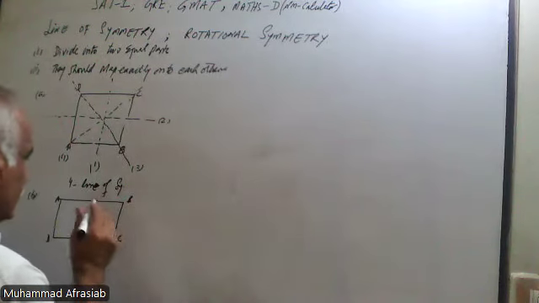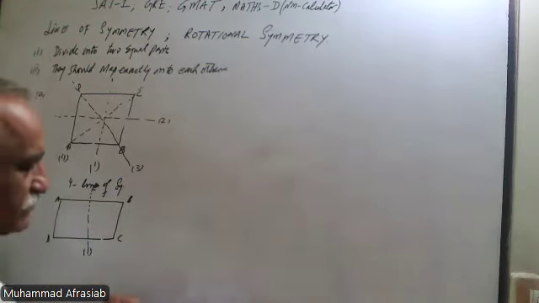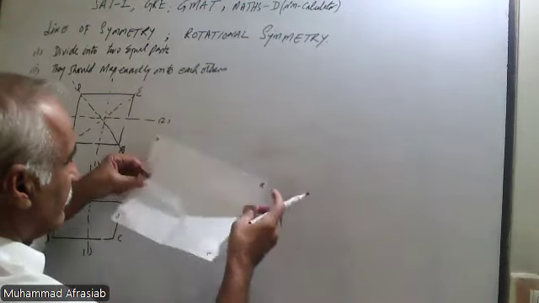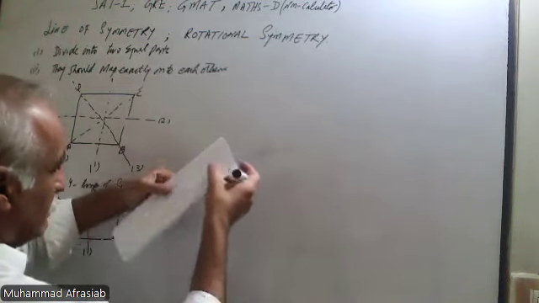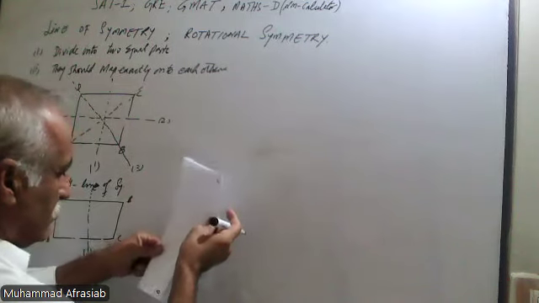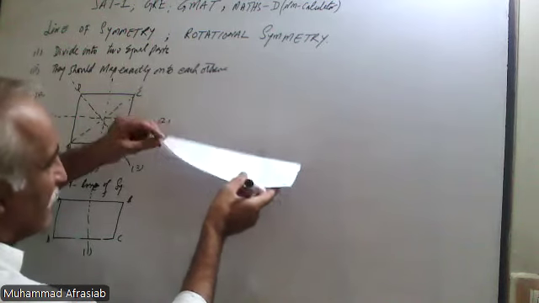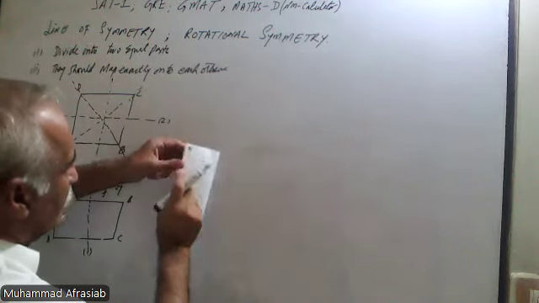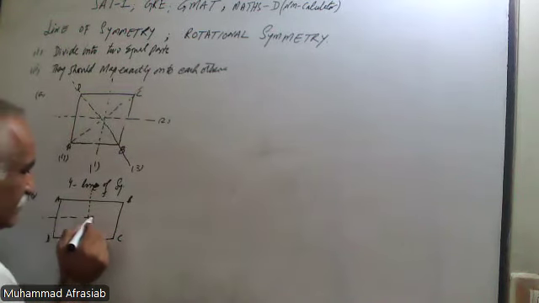So this means that there is one line of symmetry for this shape. If you fold it the other way, then you see that D and A are mapping, and B and C are mapping. So there is a second line of symmetry there.